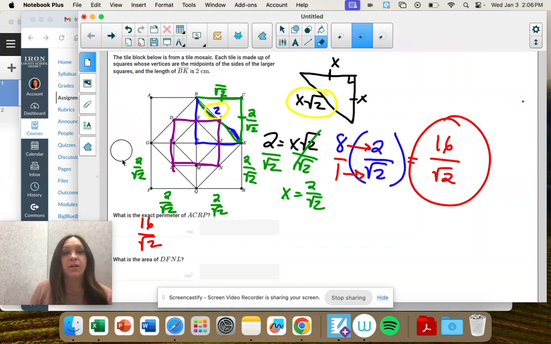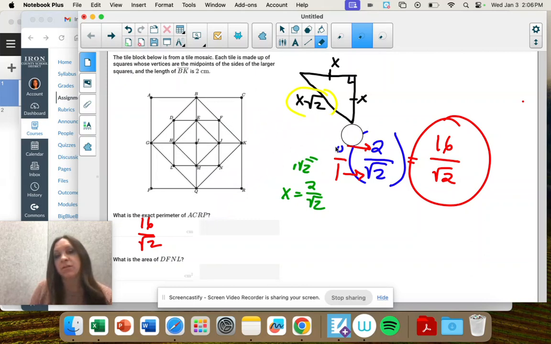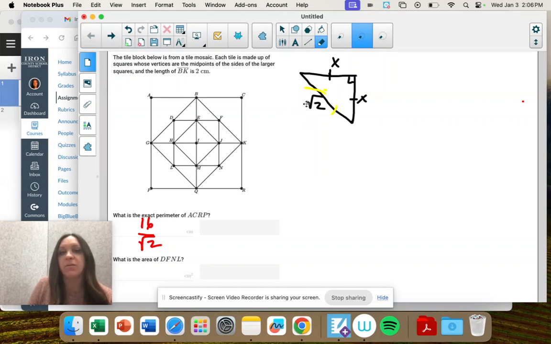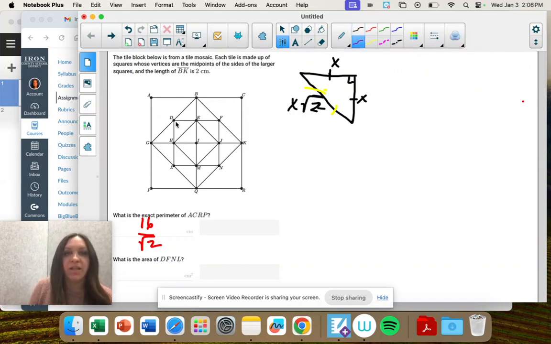So I know I just wrote all over this, but I'm going to erase it because I want to see what's going on. Okay, I'm leaving up, though, this is my 45, 45, 90. Okay, we want to find out this.